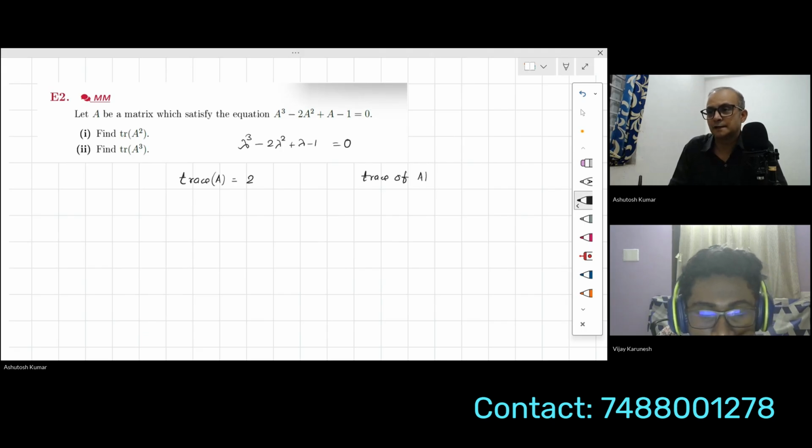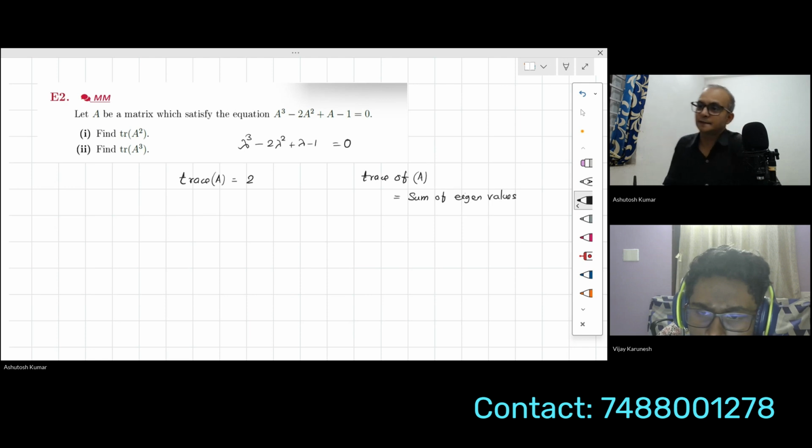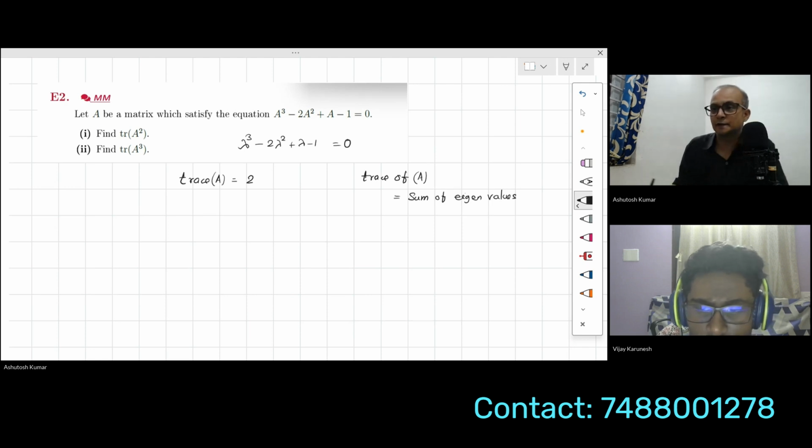So you know that the trace of a matrix, any matrix A, is the sum of diagonal elements, but also the sum of eigenvalues if we have the characteristic equation. This is the one point you have to keep in mind.